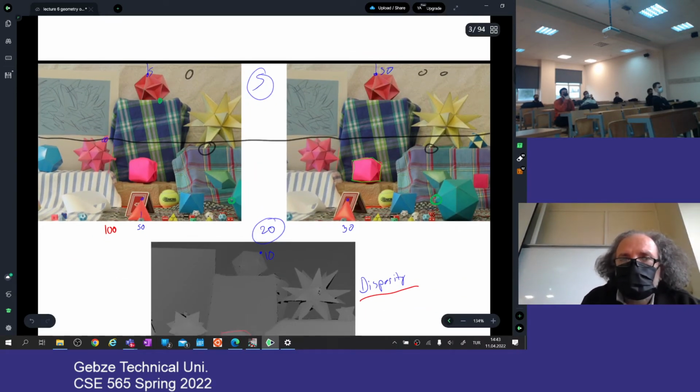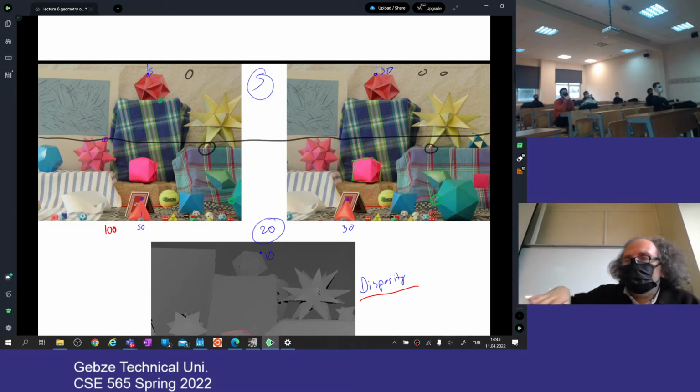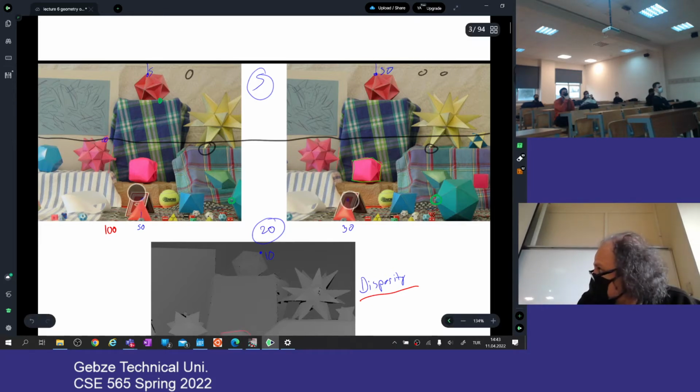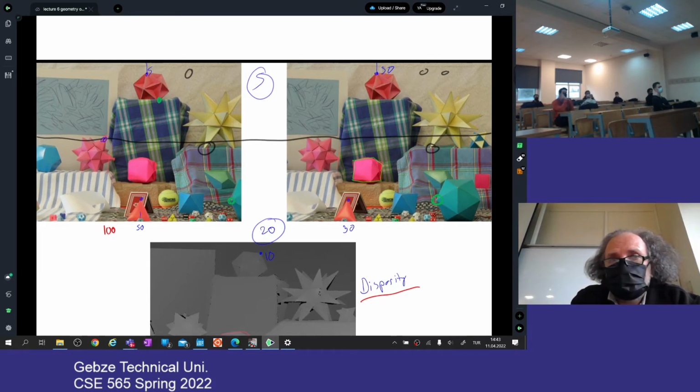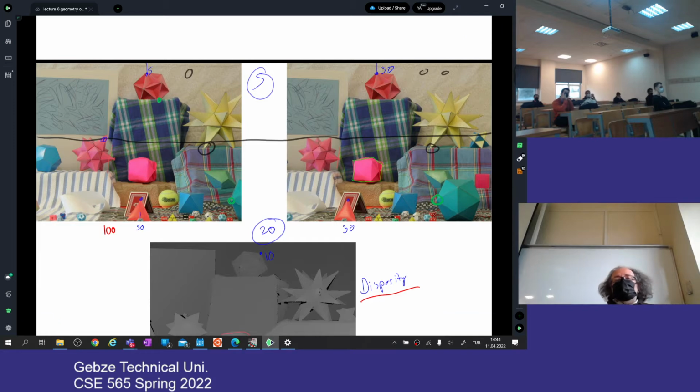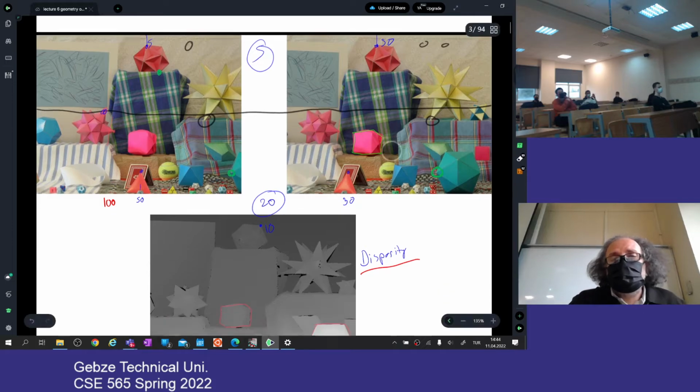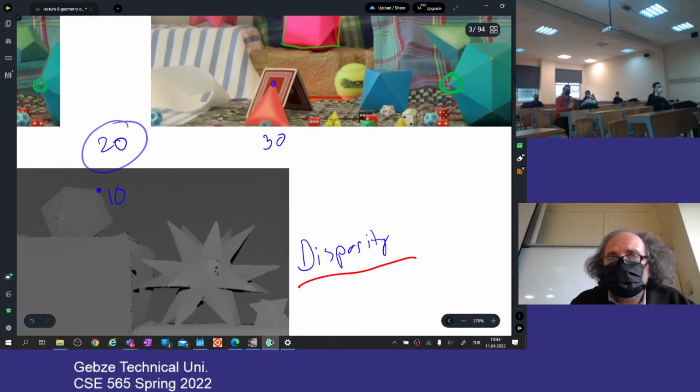Their columns change, but their lines are the same. And the same thing is here and there. These two, their lines are the same. What I'm saying is that when I make a search on the other image, I am looking at the same line. This is not a coincidence, because these images are adjusted, calibrated that way. But fundamentally, there is a rule that you are going to make a search on the same line. These images are on purpose rectified.